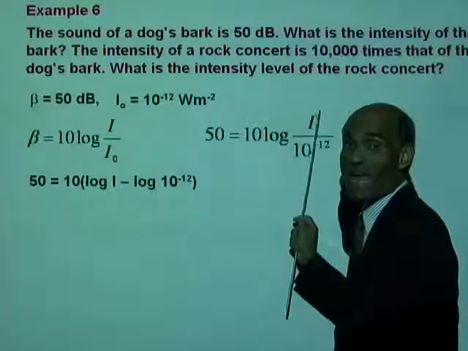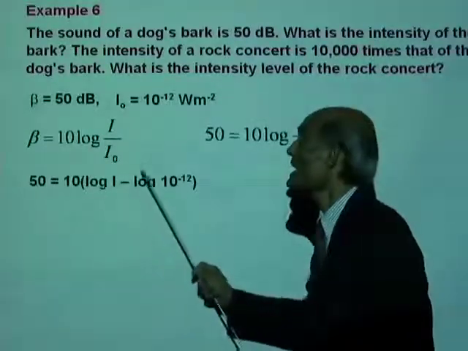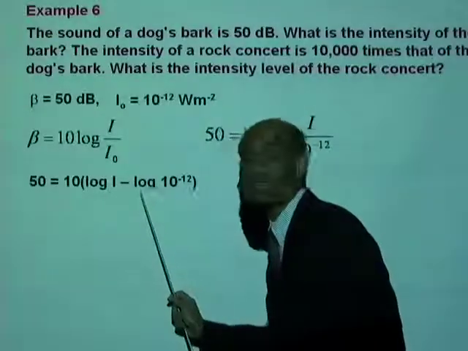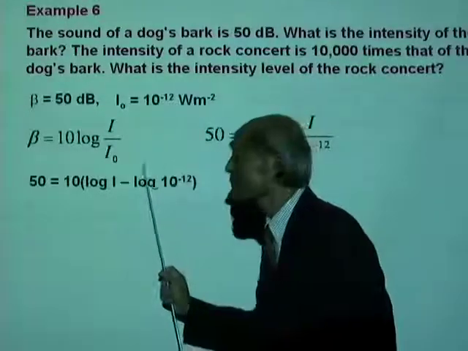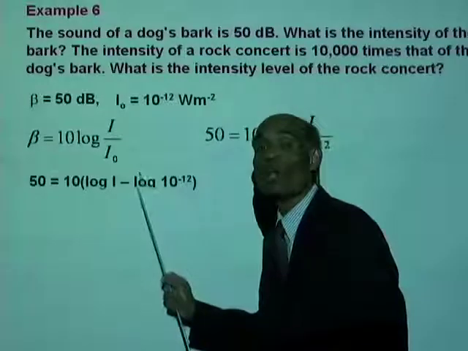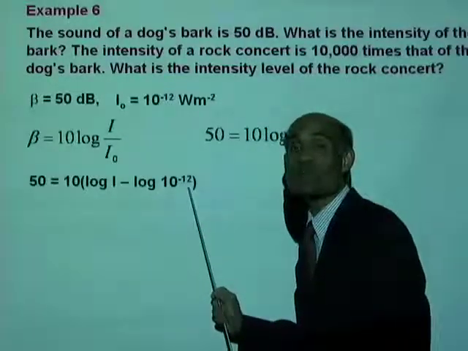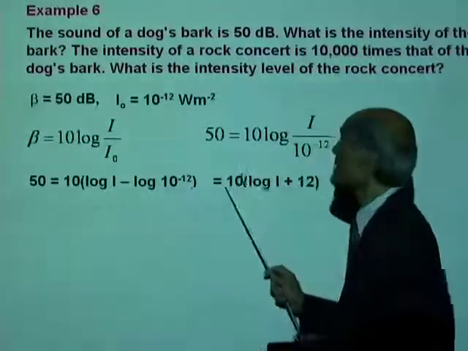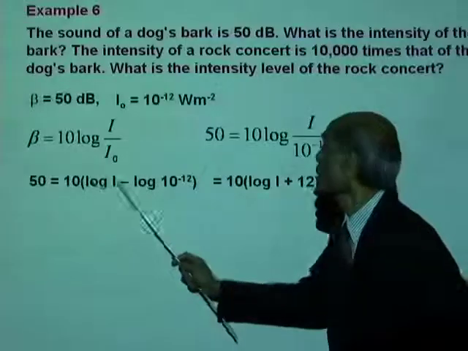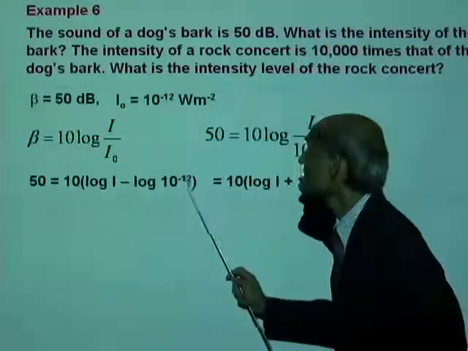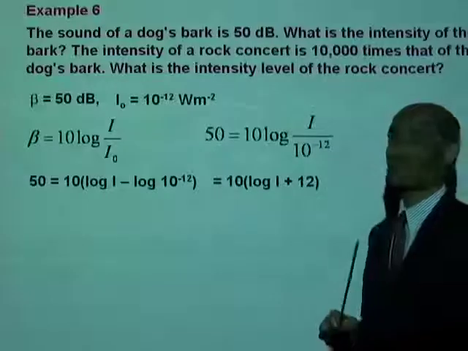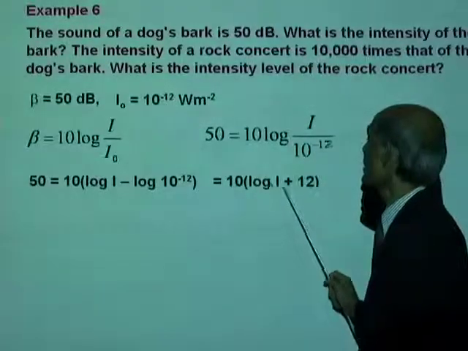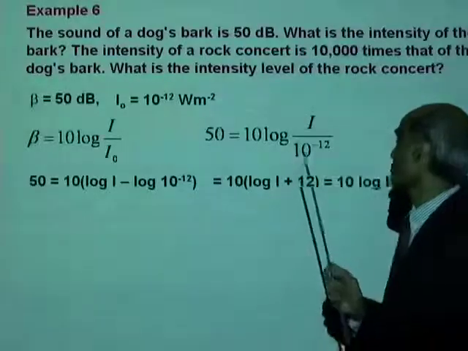Log of A over B is log A minus log B. Can you tell me what is log of 10 to the power of negative 12? Log of 10 to the power of negative 12 is negative 12. So that will be 10 times log I minus negative 12, which is plus 12. So you got 50 equal to 10 times log I plus 12.